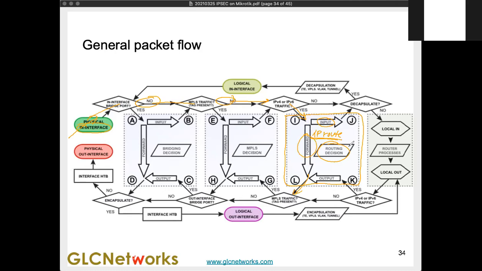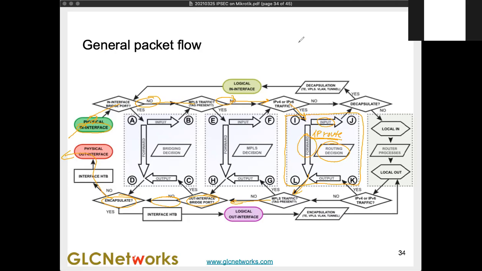Remember, label, not routing. If there are no labels, we go here. Is the output interface a bridge? No. Encapsulate? No, and then we go out.